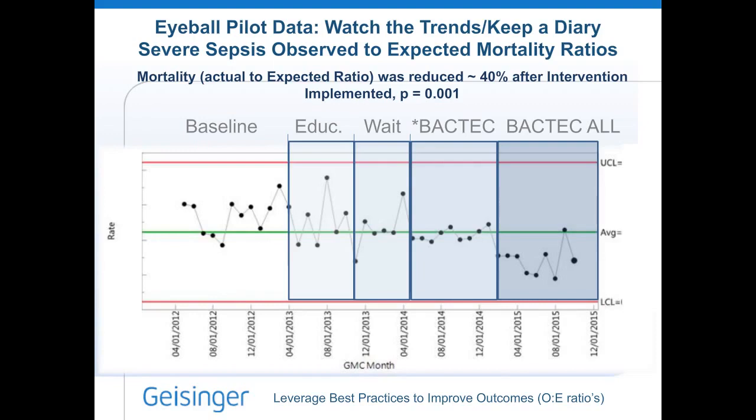We then let a waiting period occur to hardwire the effects of the education, and then by chance we were granted money for the BACTEC system, and lo and behold, the implementation of the BACTEC in the ICU around May of 2014 substantially lowered and limited variability in our observed to expected ratios. And then we went live later with all of our inpatients, and we saw another decrease.